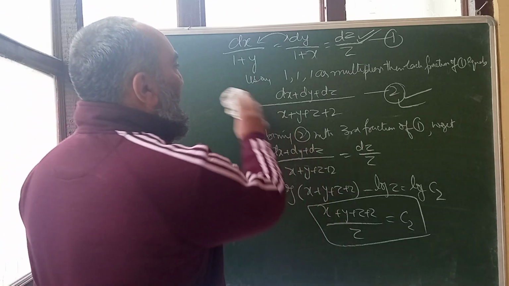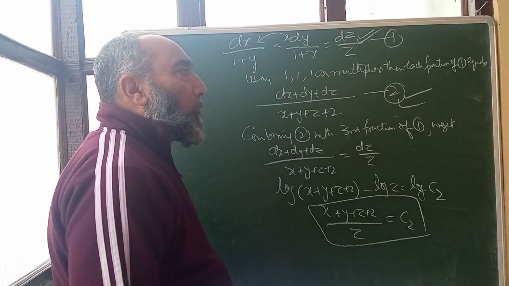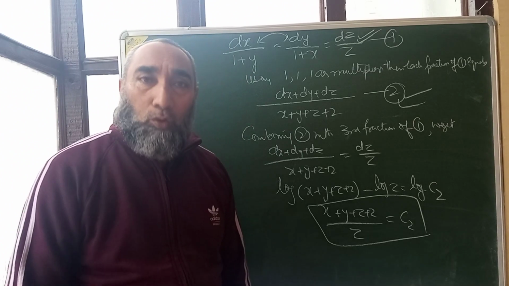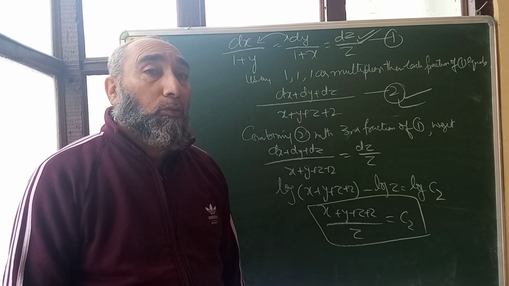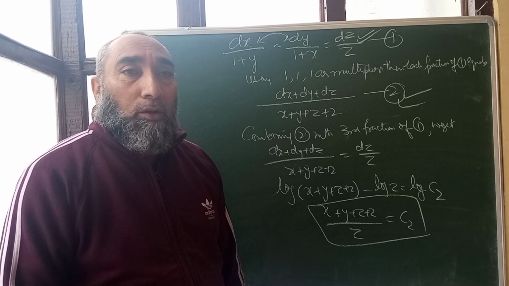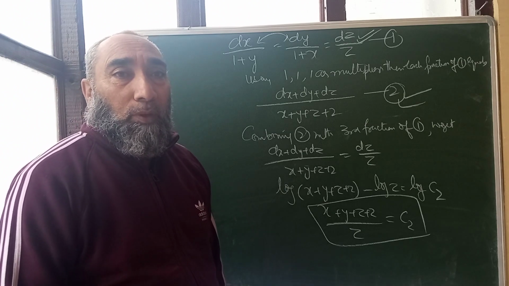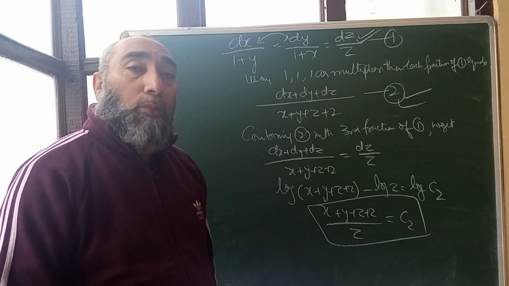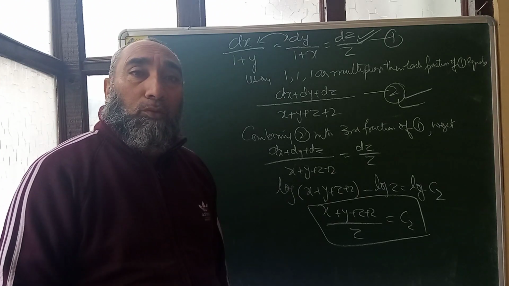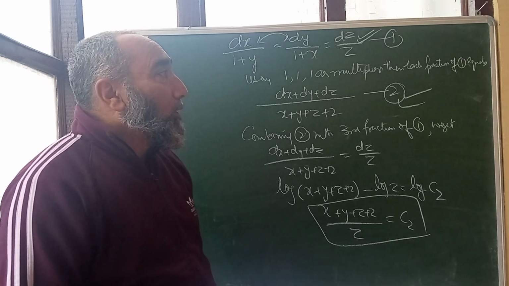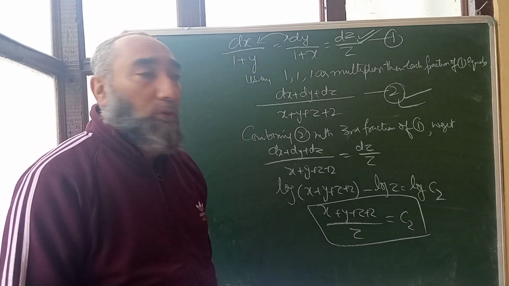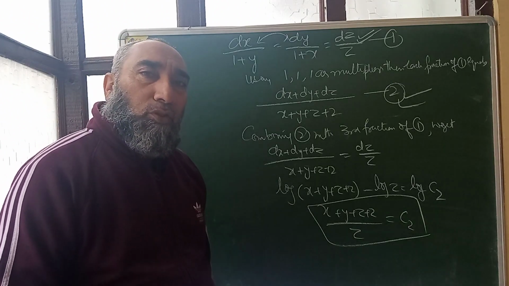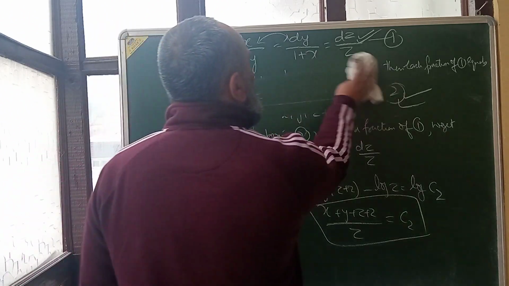Here you are able to choose rule 1, but you are not able to use that solution. Then you are also not able to use rule 3. You are not able to make the denominator 0, so that the numerator would have been 0. Then rule 4 comes into the picture, that you have chosen a multiplier such that the numerator is an exact differential of the denominator.